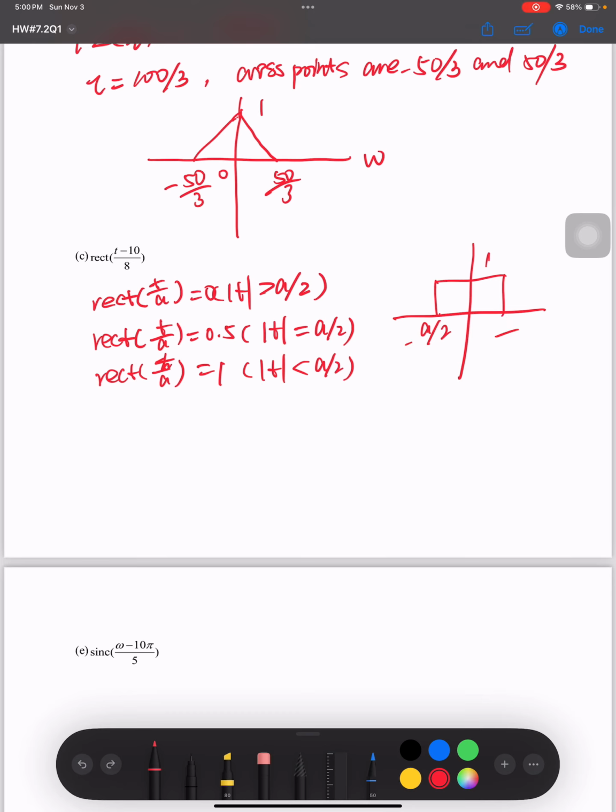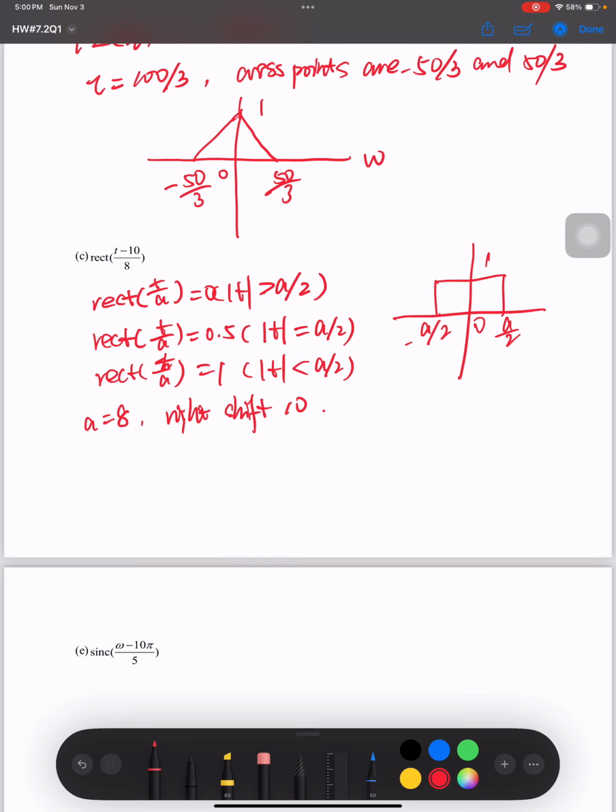Something like this. So here, we know that a is equal to 8, right? And it is a right shift, because it's minus 10, so the right shift is 10.